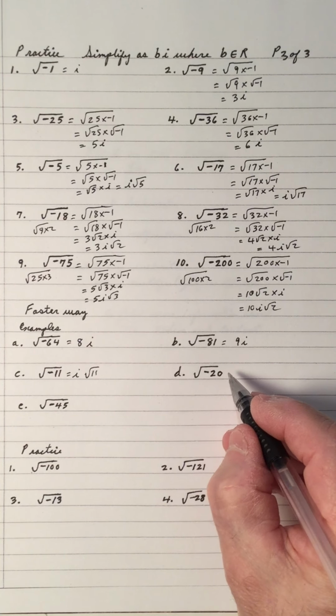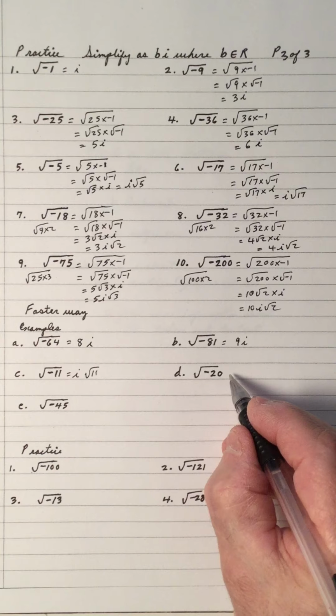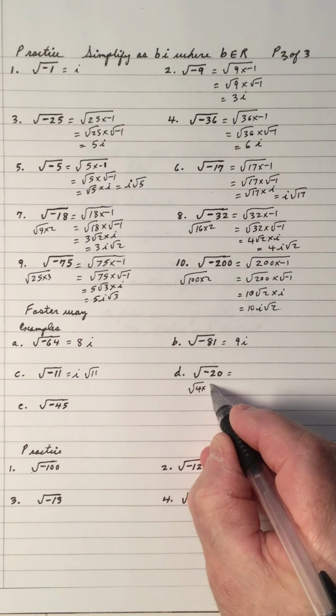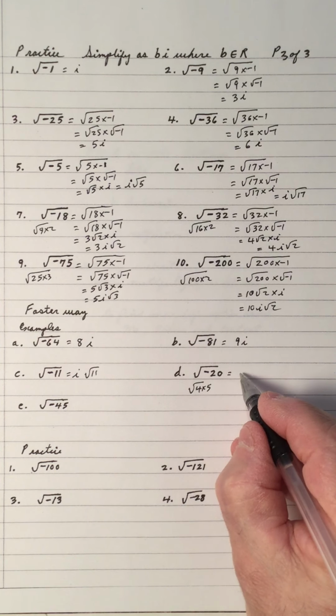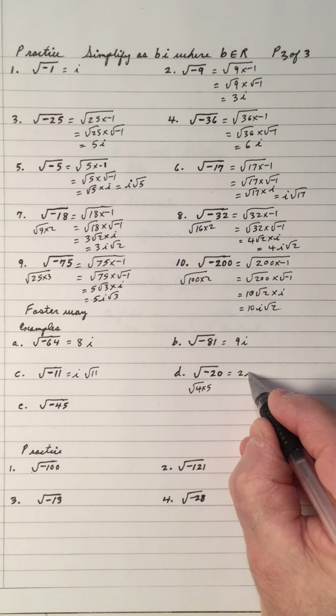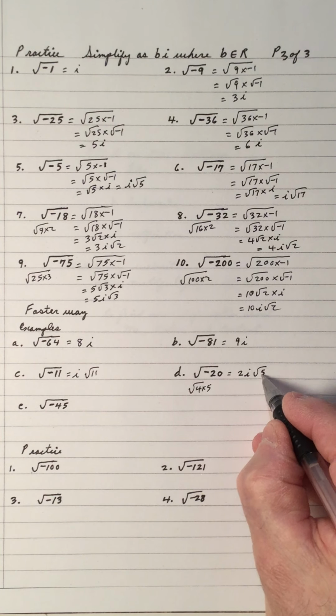The square root of negative 20: the square root of 20 is 4 times 5, so it's a 2 root 5, and there's an i, so the i goes in front of the root.